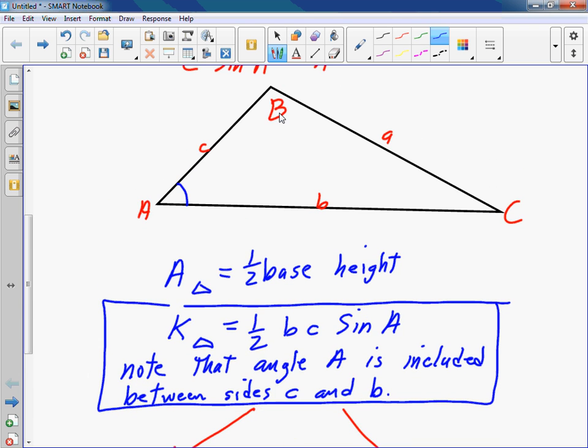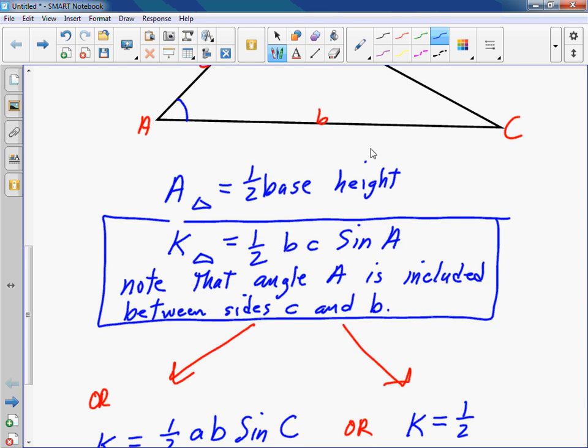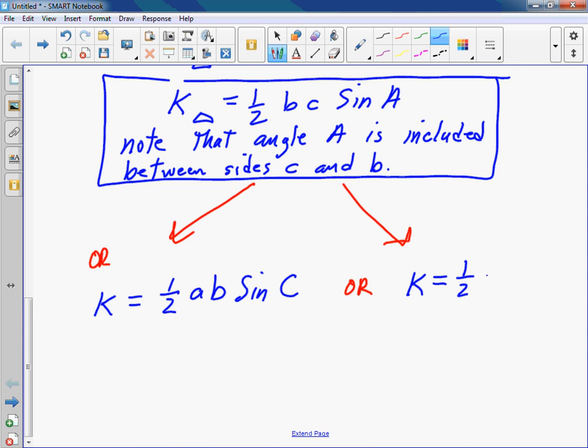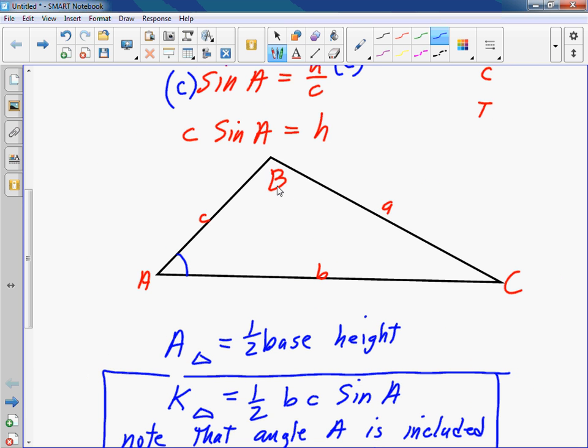We know angle B, the big B, and we know side C and side A. Yeah, and most people go AC sine B. And so all of these work, okay? If you know, and I really don't memorize all of these ever, all I think is, if I know an angle and the two sides, that Kramer rule, side, angle, side, SAS.